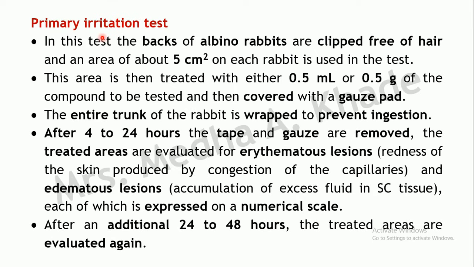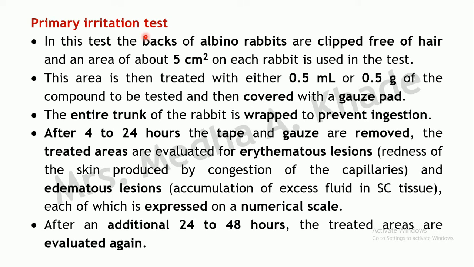Coming to the first type of dermal irritation and sensitization test, the primary irritation test. As the name implies, in this test the skin is exposed to the chemical and observed for any immediate type of reactions produced on the skin.